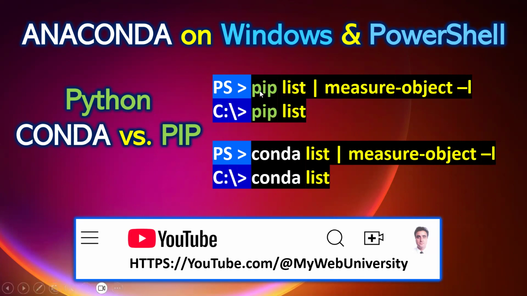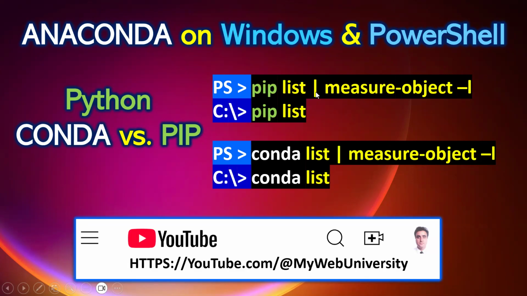And here, as you can see, when you do a pip list and count with -l, meaning give me the line number, it will do a word count. On Kali Linux, we did pip list piped to wc -l. In PowerShell, there's a cmdlet called Measure-Object, and the alias is measure for short.